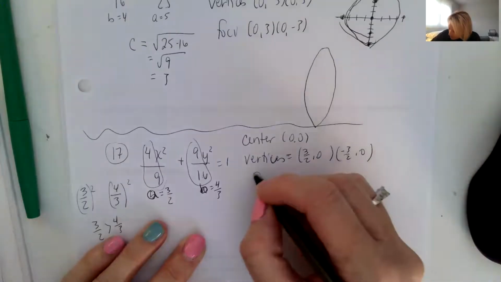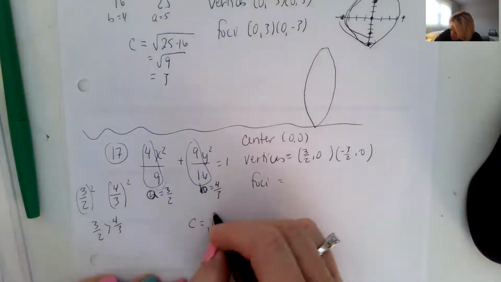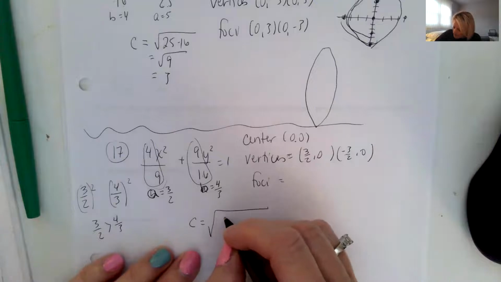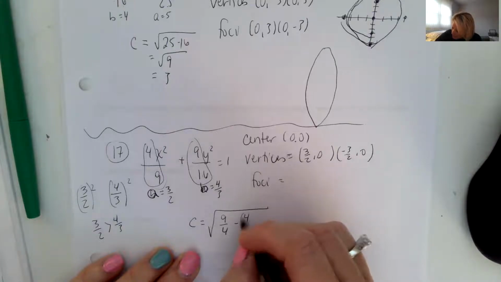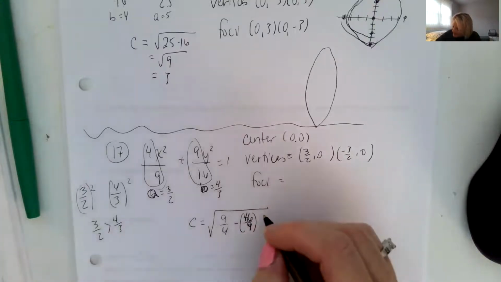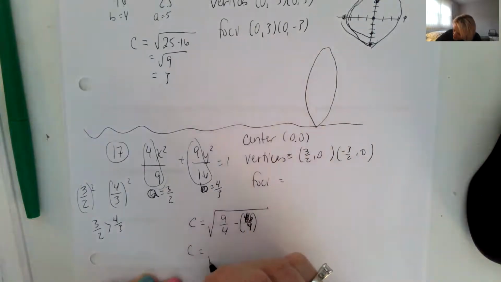And then our foci are around our C. So C is equal to the square root of A squared, so 9/4, minus B squared, 16/9. So we have to get a common denominator.